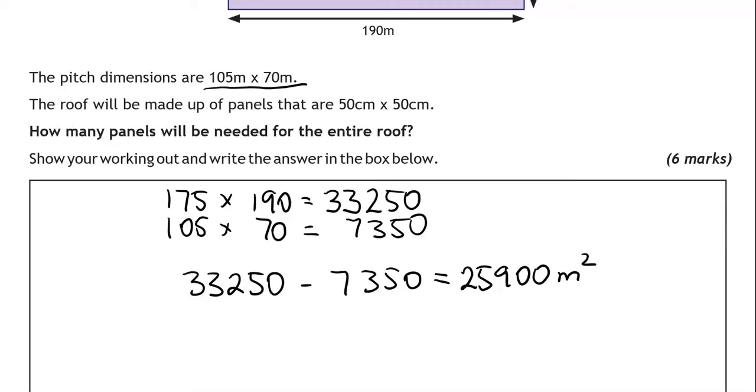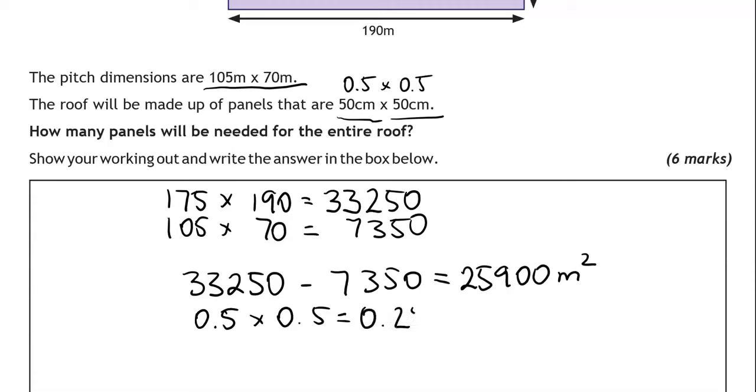Now we're going to find out how many panels are needed, but the panel dimensions are in centimeters and we've just used meters so far, so we've got to keep the units the same. So I'm going to convert these to meters, and that's going to be 0.5, and that's 0.5. So working out the area that one panel covers is 0.5 times 0.5 gives us 0.25.